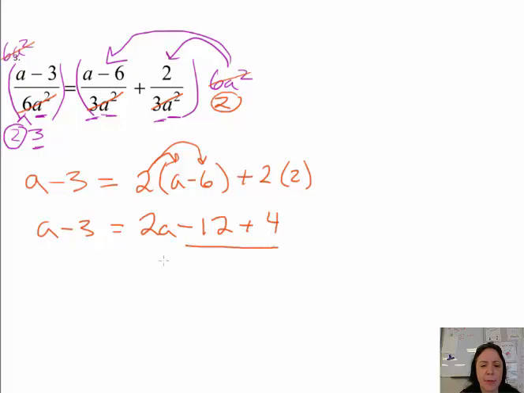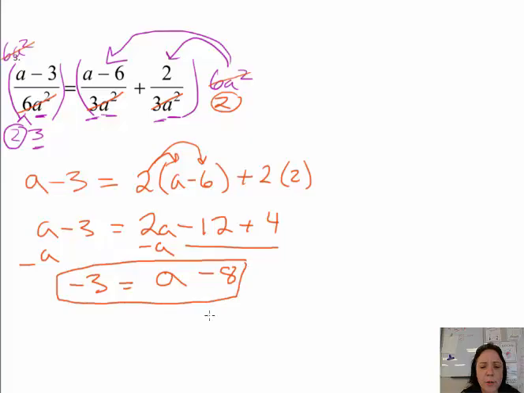Let's collect up all these like terms. Minus 12 plus 4 is going to be minus 8. And I'm going to subtract a from either side. So I'll have minus 3 is equal to a minus 8. Here's where we are.